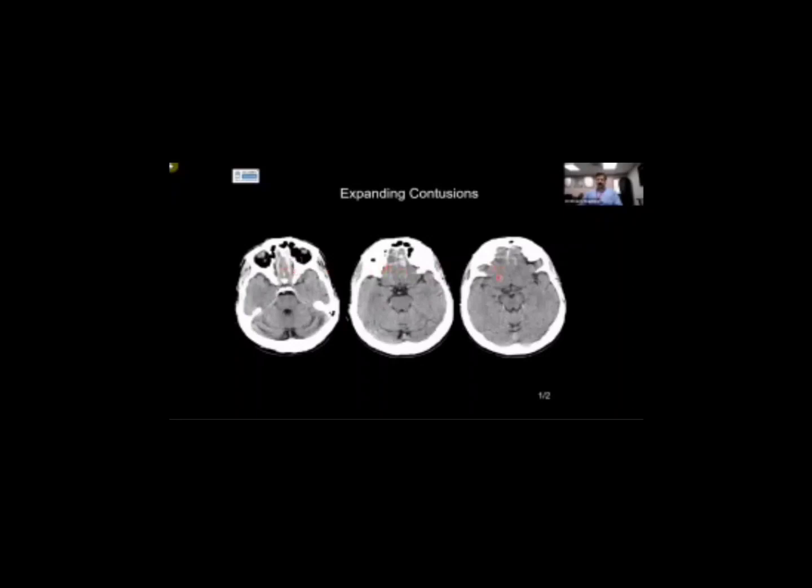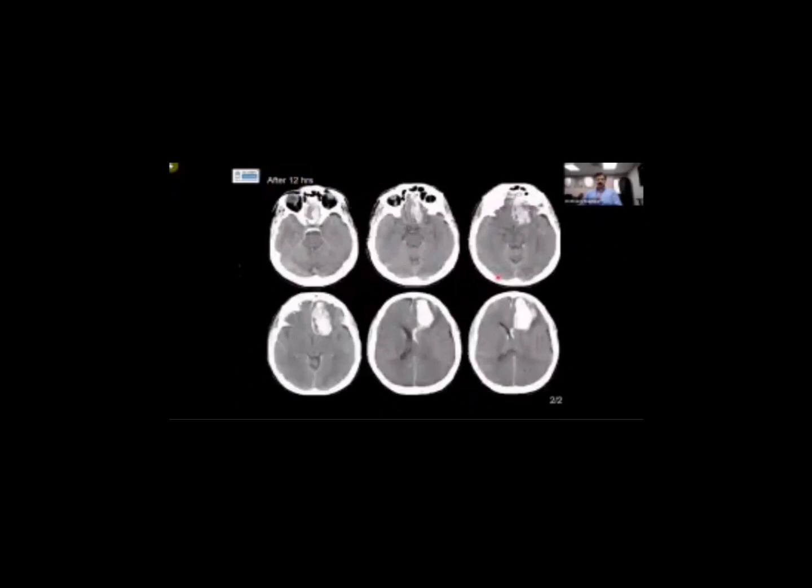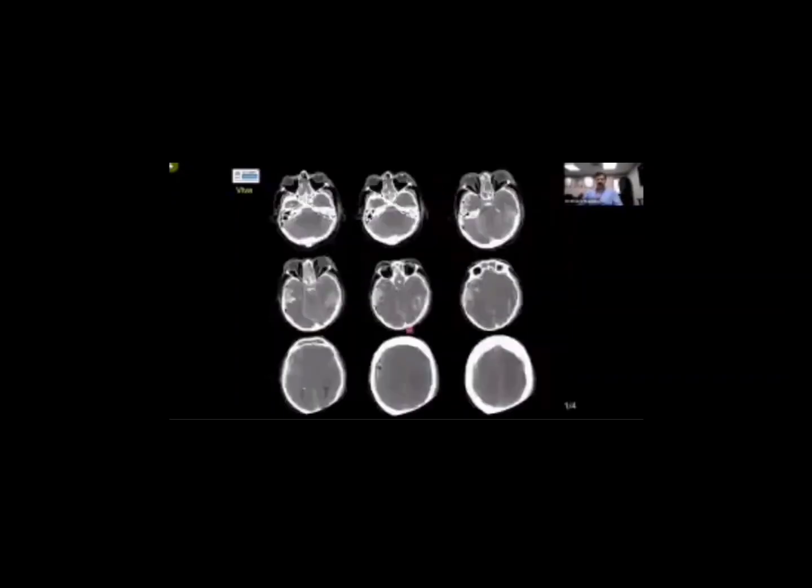So look here, and then what has happened after 12 hours. Huge. And then there is intraventricular hemorrhage also. The point is that if the patient deteriorates, don't be a hindrance in telling them that you don't want to rescan. Just rescan and you might find something. So, over to you.